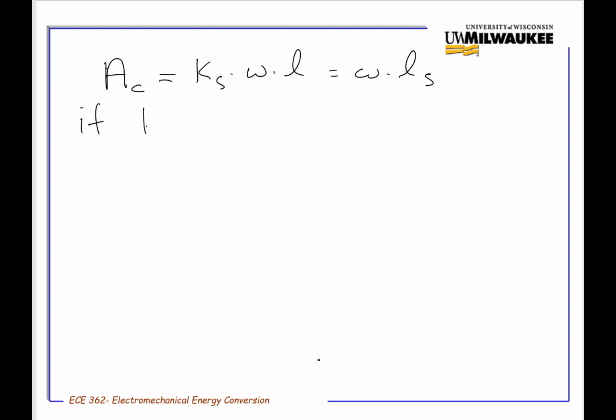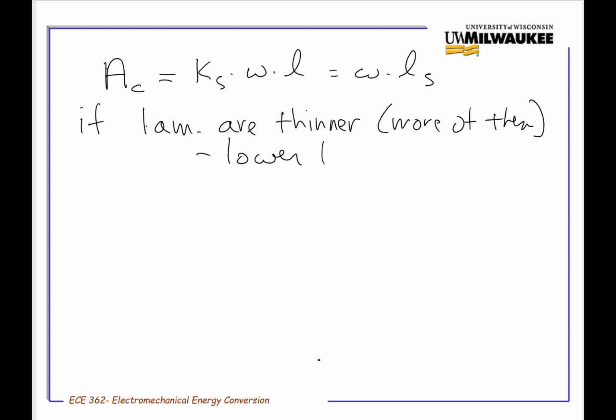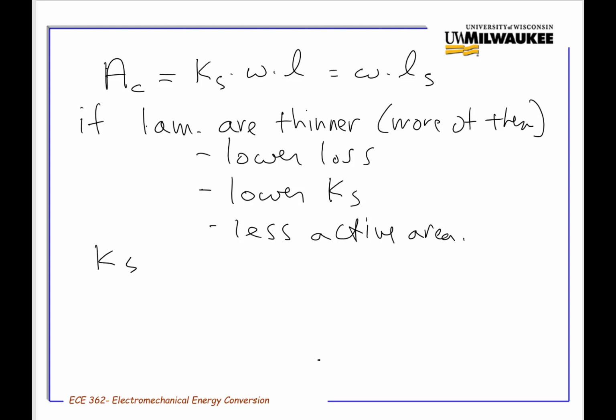If the laminations are thinner, more of them, you get lower loss, but you also get a lower Ks value, and you get less active area. So Ks is going to be less than 1.